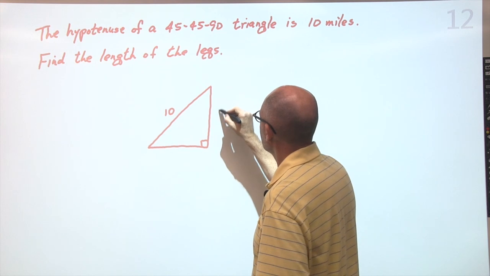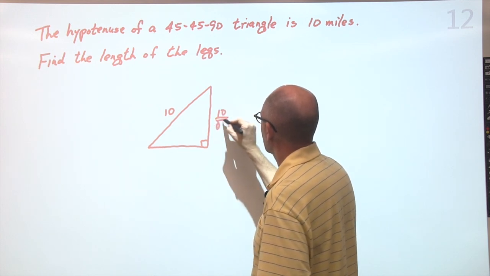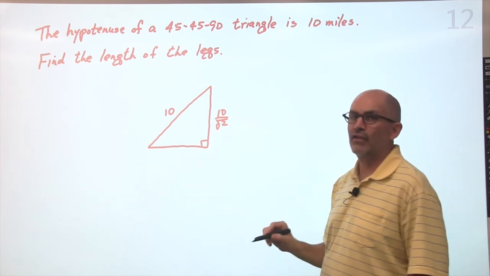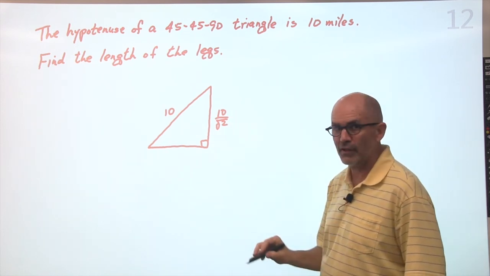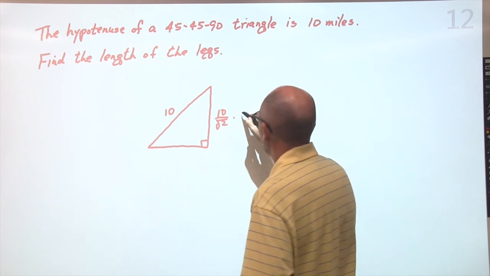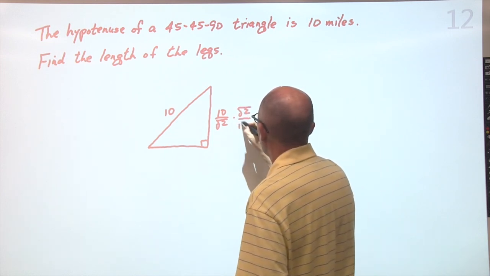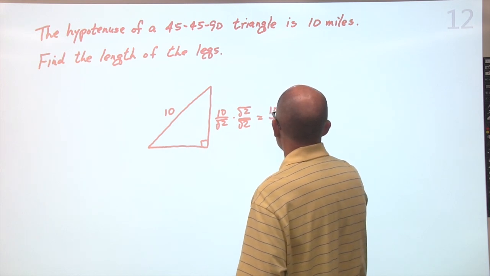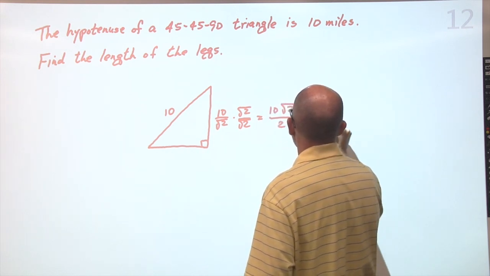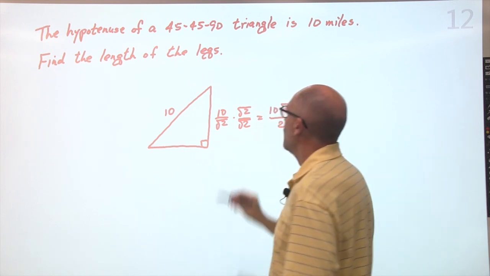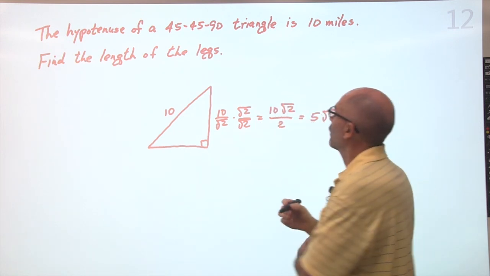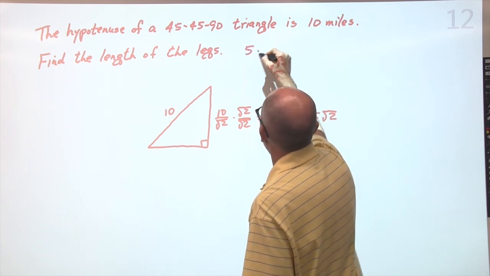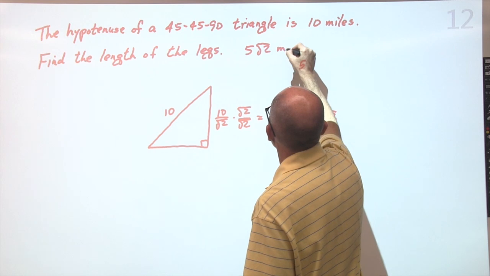So the legs are going to be 10 divided by square root of 2. Now, here's the thing. We are not like the godless heathen who leave radicals in the denominator either. So we need to multiply by square root of 2 over square root of 2, and I end up with 10 square root of 2 over 2, which equals 5 square root of 2. And now both legs are the same length, so the length of the legs are 5 square root of 2 miles.